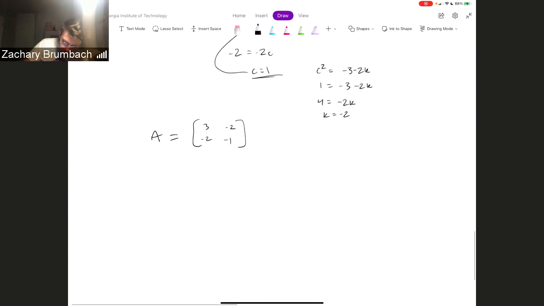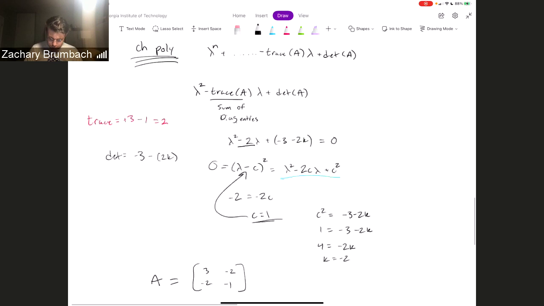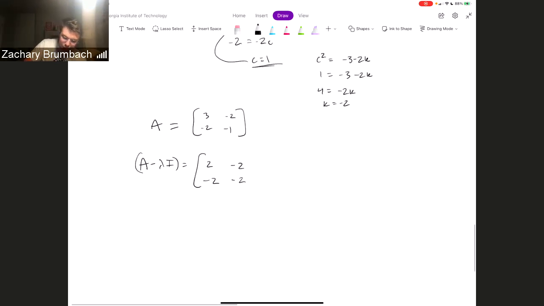So here, A minus lambda I equals 2, -2, -2. That doesn't feel right. Oh, it's because it's a positive 2. That is absolutely why. Okay. So from here, you're going to row reduce it, because remember, we're looking for our null space.